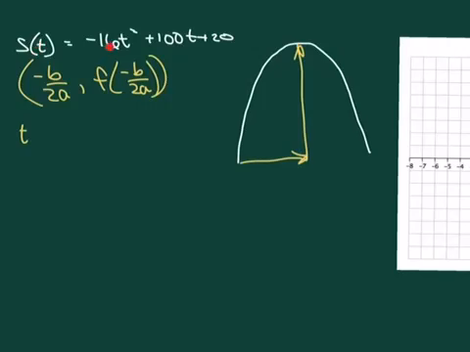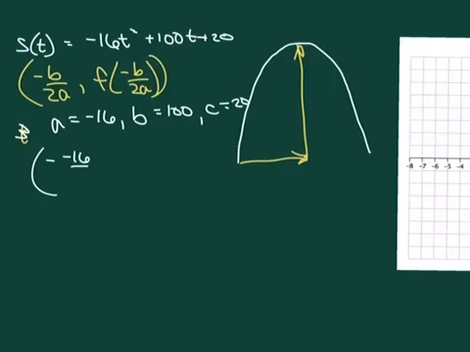We're going to take this, and in fact, let's just do this. My A is negative 16, my B is 100, and my C is 20, which I don't even need. All right, so negative B over 2A. Negative B, there's B. Whoops, I'm sorry, that's A, isn't it?